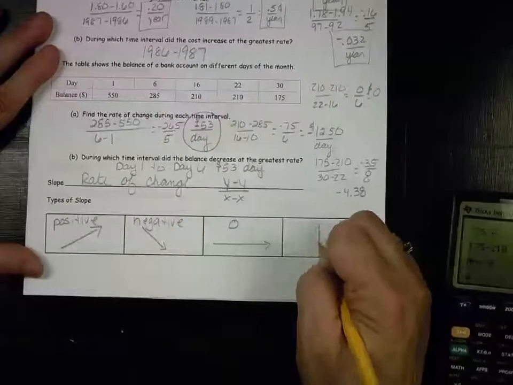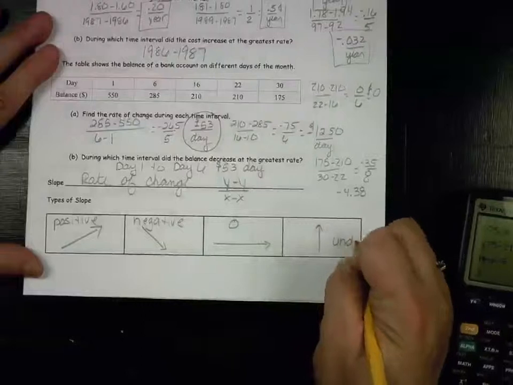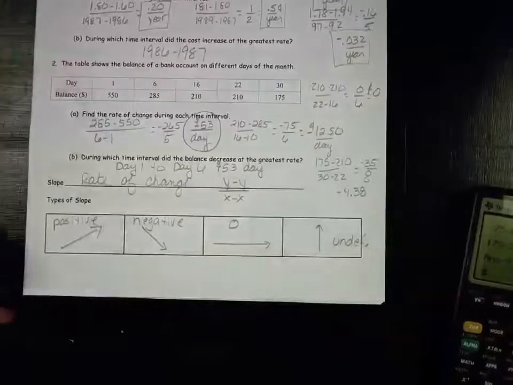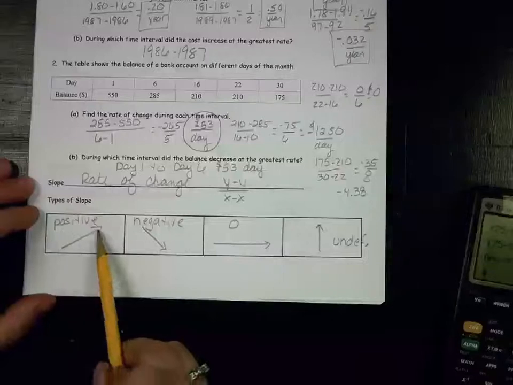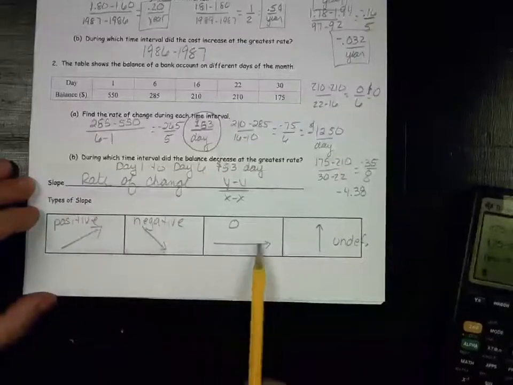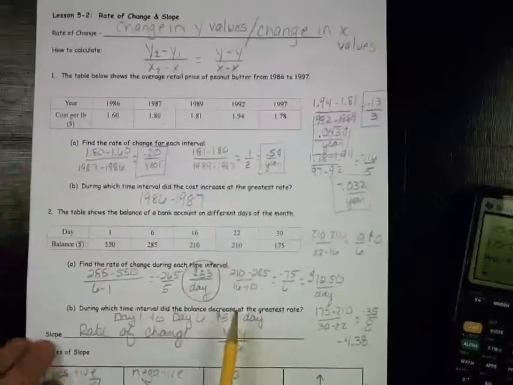And if a line goes straight up and down, your slope is undefined. Positive, it goes up. Negative, it goes down. 0, it's straight across. And straight up and down, it's undefined.